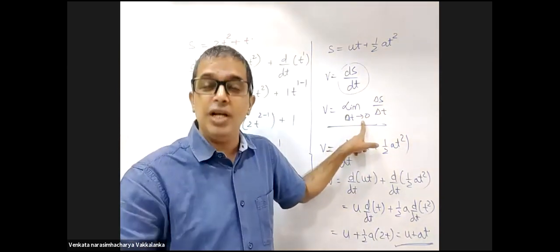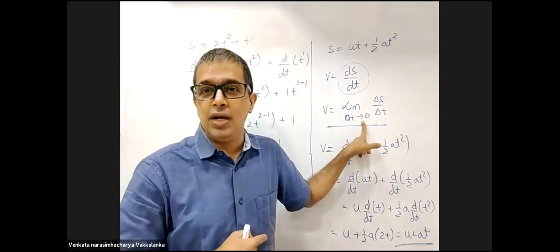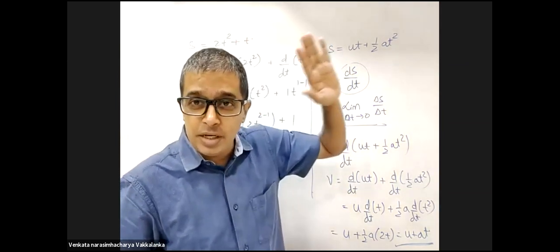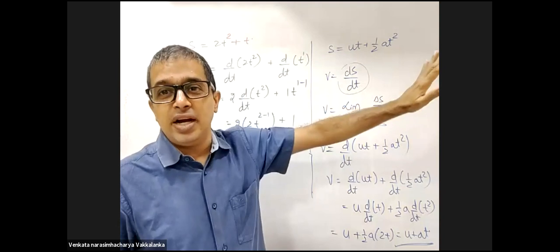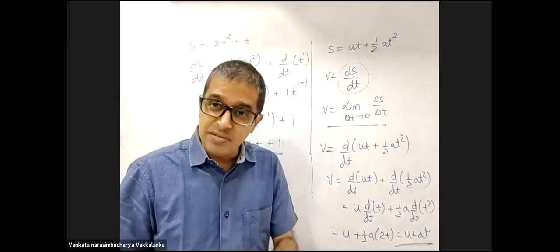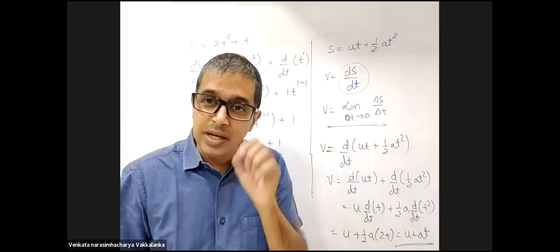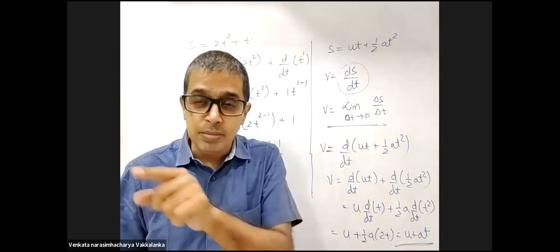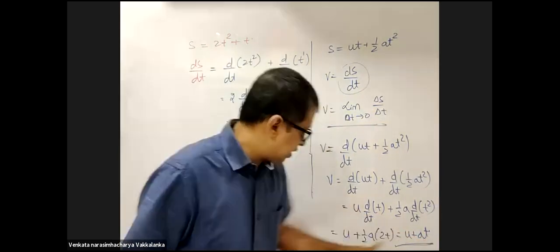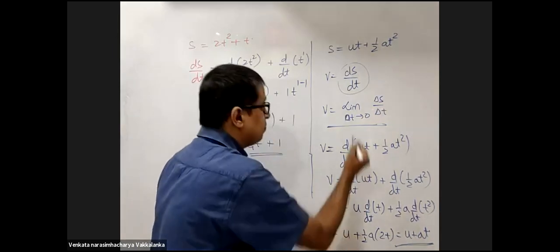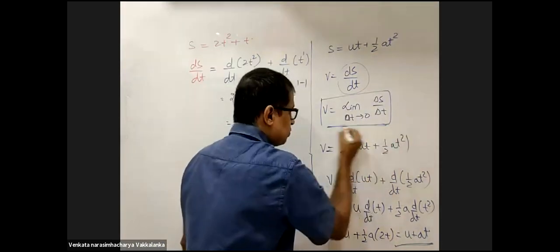Because we were actually evaluating this without our knowledge. ds by dt, we have been cheating you till the 10th standard, telling you v equal to u plus at directly. But the fact is, v equal to u plus at gives you instantaneous velocity at time t. Substitute the time, you will get the velocity. v equal to u plus at is a consequence of this.